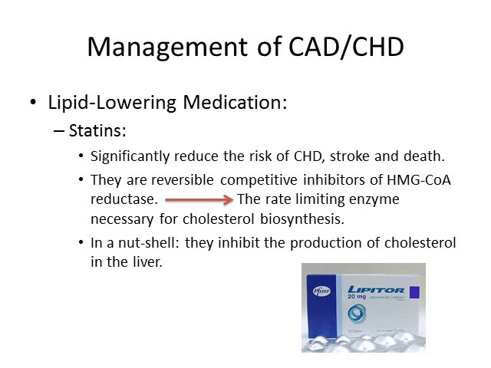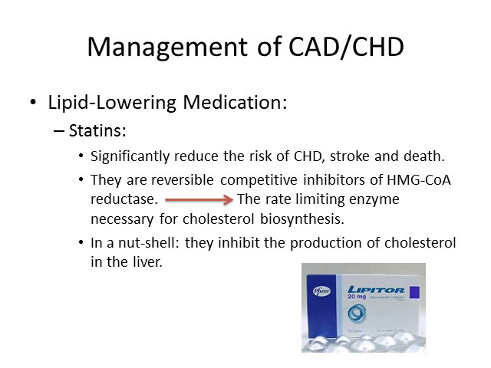Now we'll have a look at common lipid-lowering medications that are prescribed to those individuals with CAD or CHD. The first line of treatment that is generally prescribed are a group of medicines called statins. That's because statins have been so well researched in regards to significantly reducing the risk of CHD, strokes, and cardiac-related death.